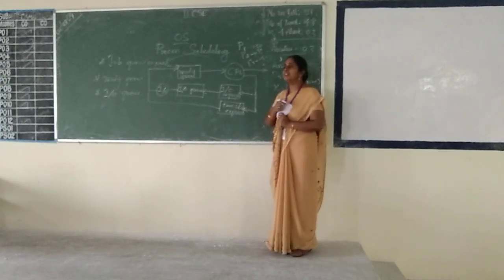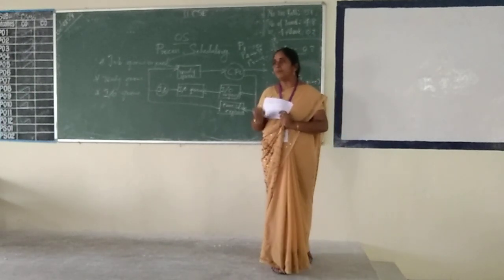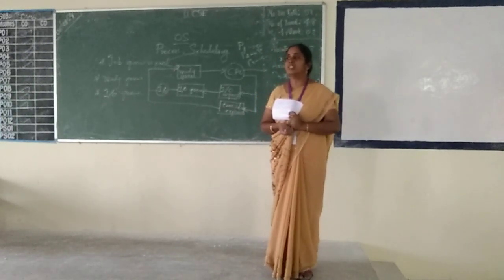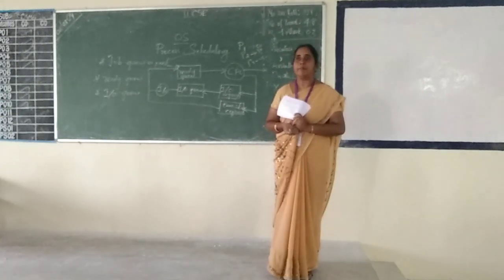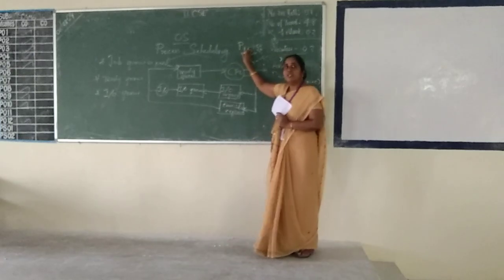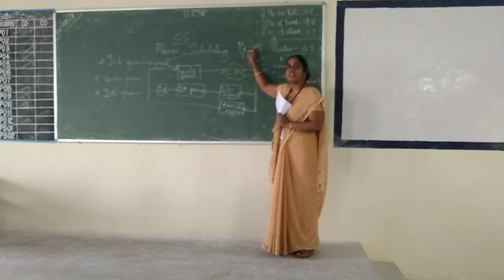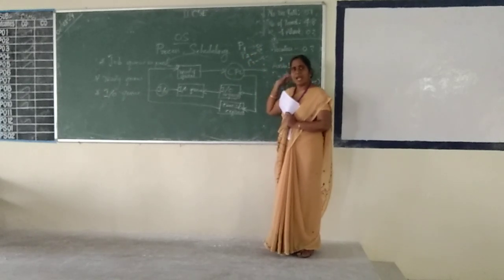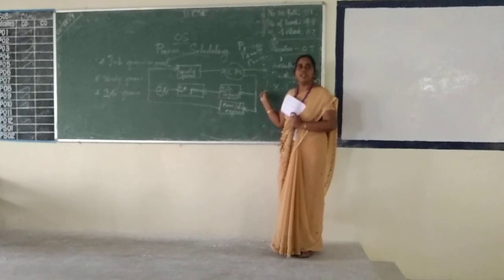Understand? In the round robin scheduling algorithm, it will follow some time slice. Each and every process will be executed in a particular time interval, and that time interval is initially fixed. If the time interval is 50 milliseconds, each process will execute within the CPU for that interval.